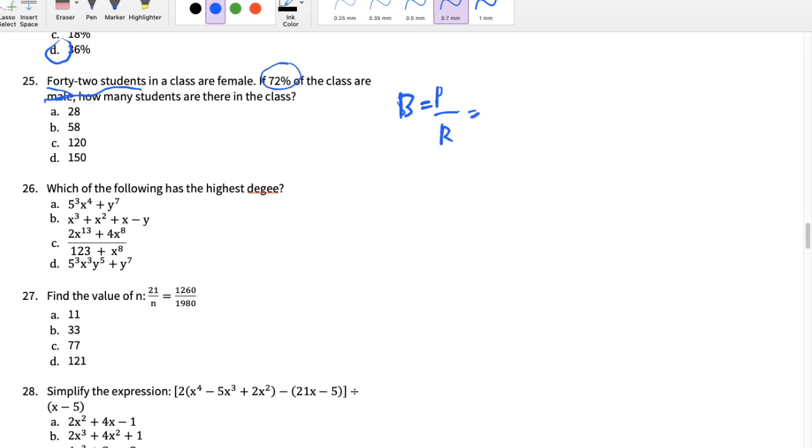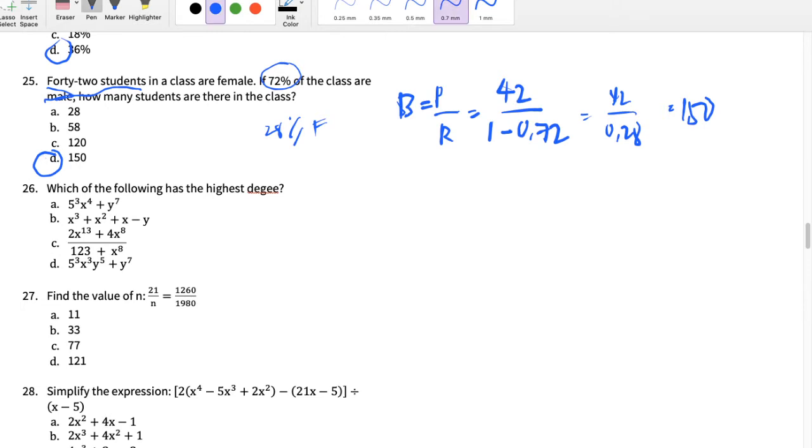Okay, our percentage here is 42 students. Pero ano ang rate nito? It should be 100 or 1 minus 0.72. Kasi if 72% are male, then 28% are female. Okay? So, if you divide 42 by 0.28, you will get 150. The answer here is letter D.